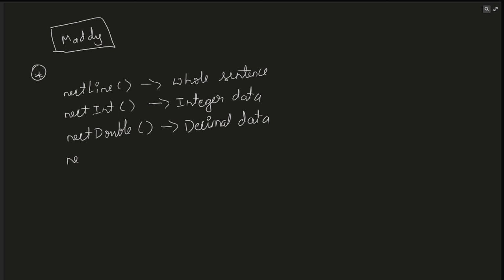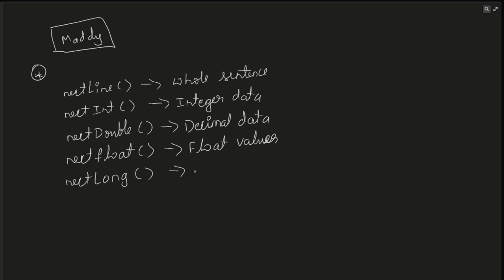We have nextFloat, which reads float values, like GST. We have nextLong, which is capable of reading long values like your phone number.